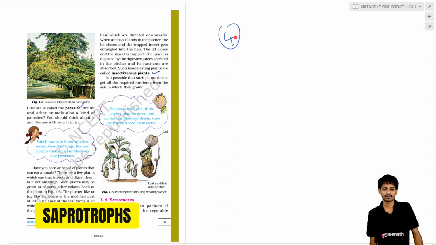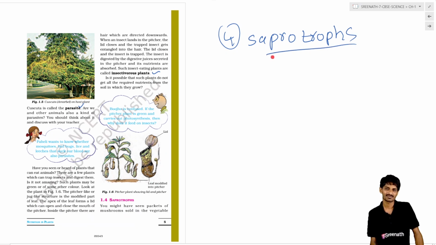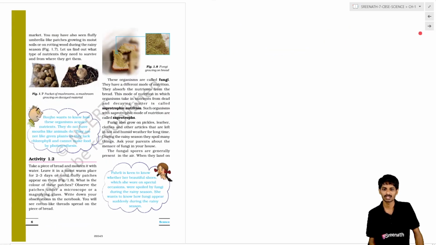Now the fourth topic, that is saprotrophs. What are saprotrophs? Okay, now we are going to learn the fourth topic. Basically, saprotrophs are some plants which grow on dead and decaying matter.